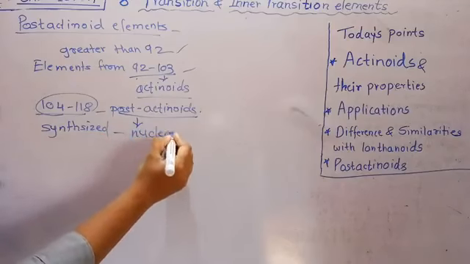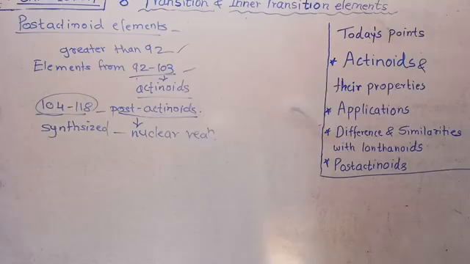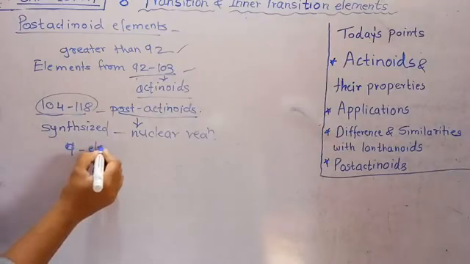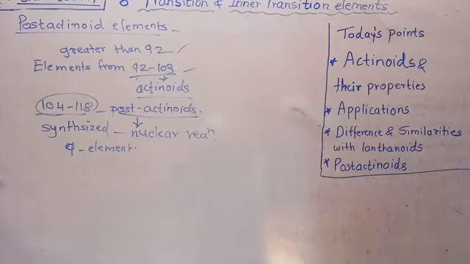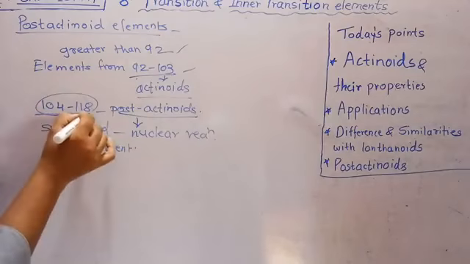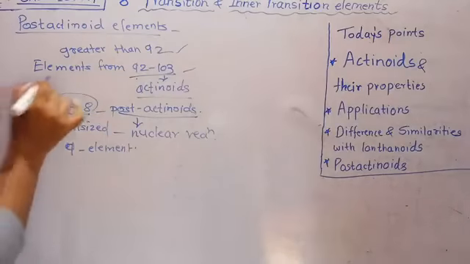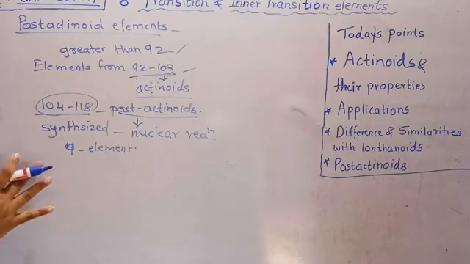There are a total of 9 elements, synthesized during nuclear reactions. It is very difficult to study their chemistry because the isotopes of these elements are very short-lived.